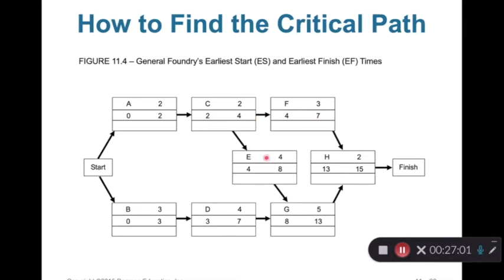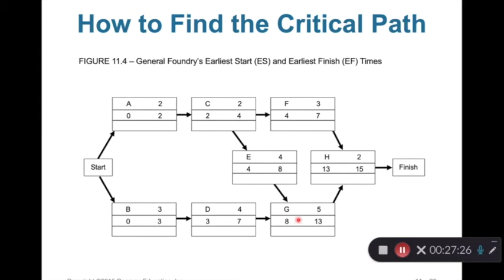And the same thing, E has only one immediate predecessor, C. So we just make them equal, right? And 4 plus 4 equals 8. So the EF for E equals 8. Right? Now we move to G.